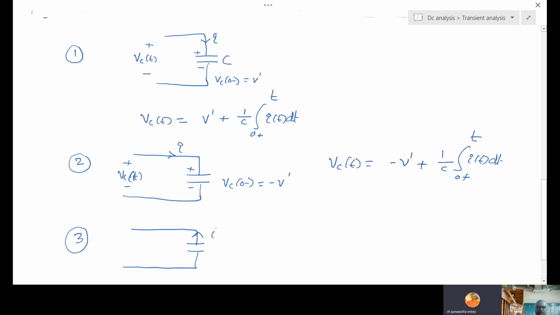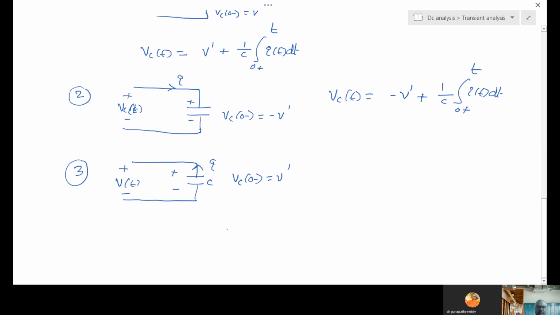Current may be going this side, and the initial voltage with that polarity may be plus V prime. Now I want the expression in this form. How to write the V of t expression here? Started positive, go to negative. Positive to negative is plus. So V prime.